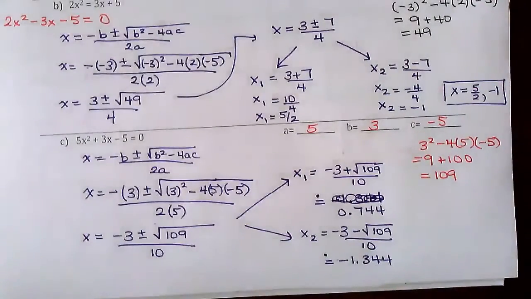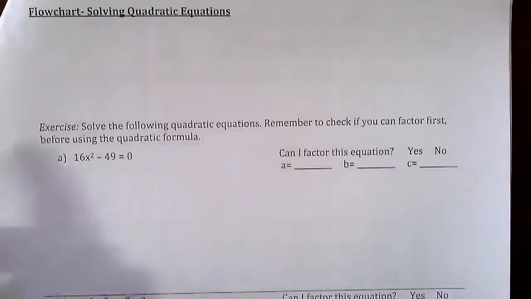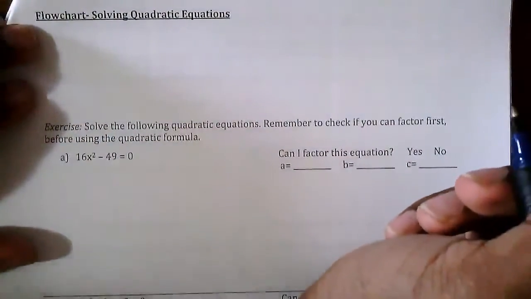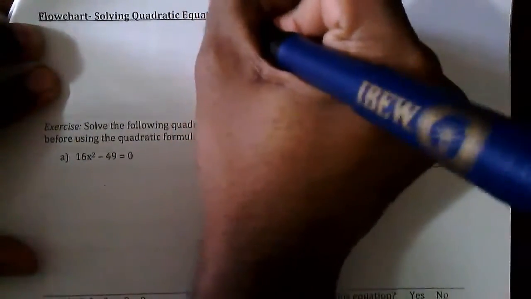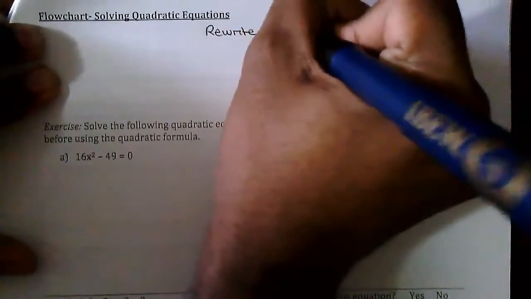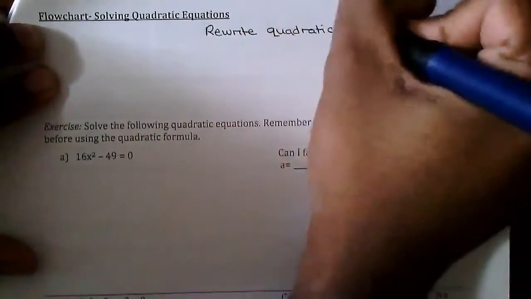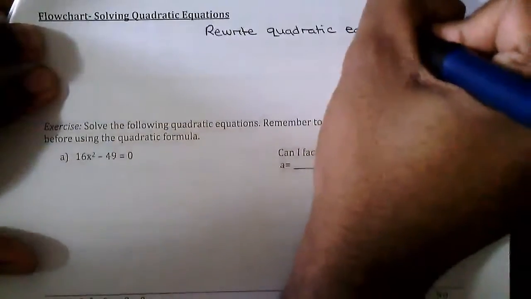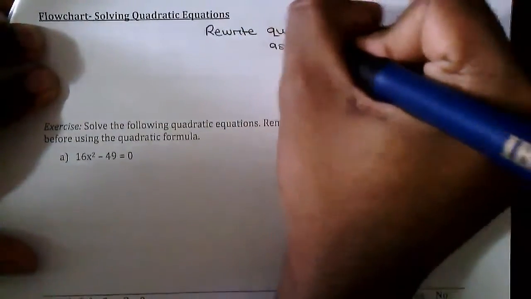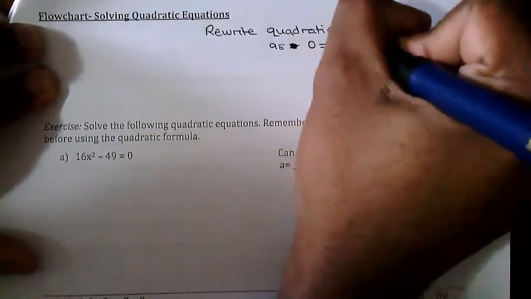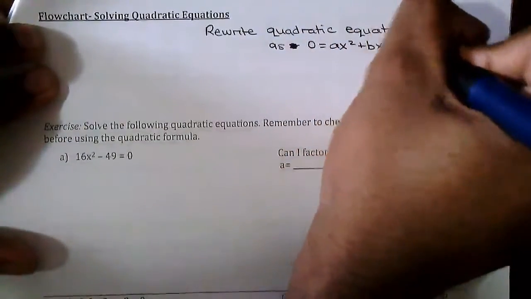There's one last thing I want to do before we end off today's video. Okay, so I just want to create a flow chart with you on how you solve quadratic equations. So if you have a question that says solve this quadratic equation, the first step is to always rewrite the quadratic equation as 0 is equal to ax squared plus bx plus c.